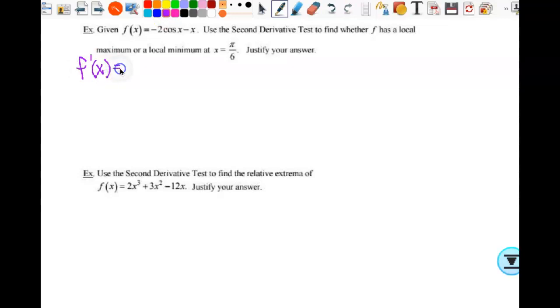Make sure we can find derivatives correctly. Do y'all agree with that? Yes? Okay.